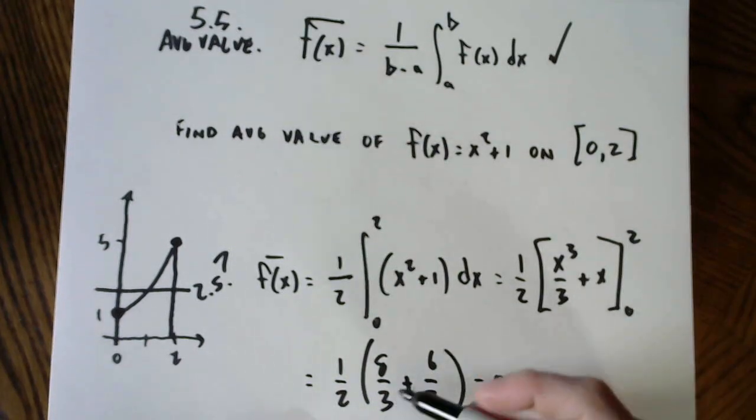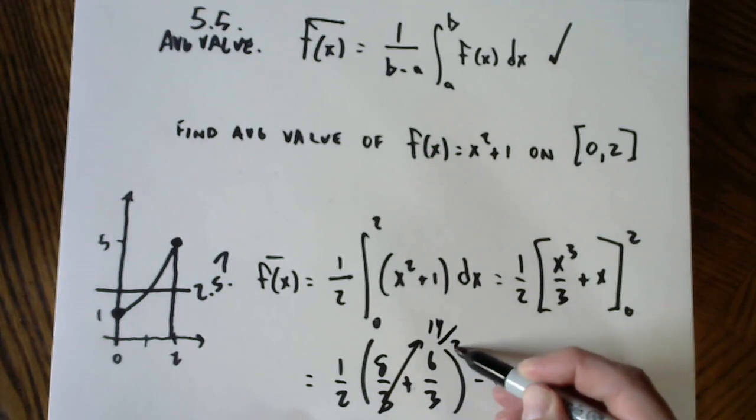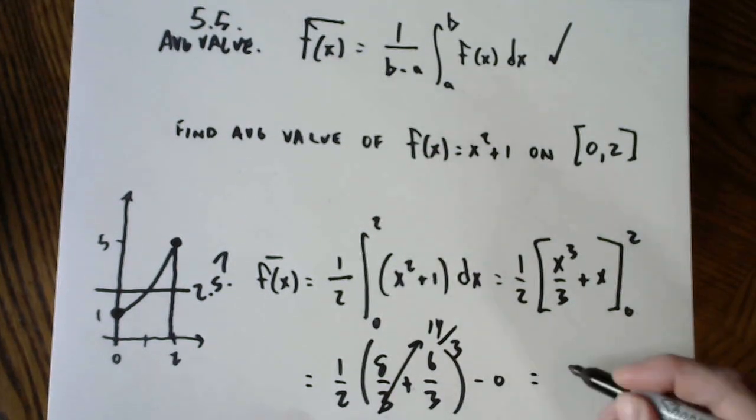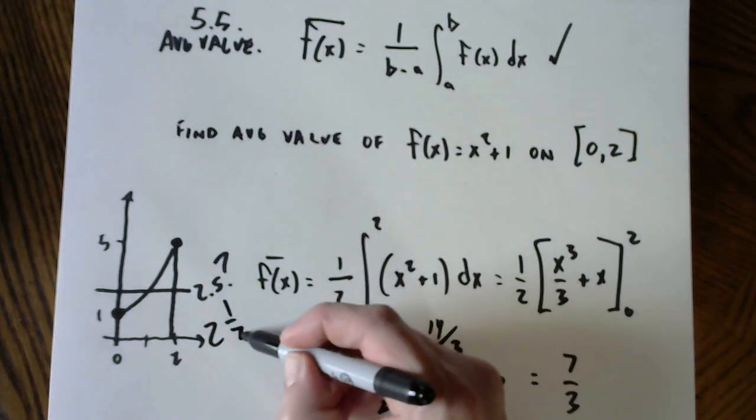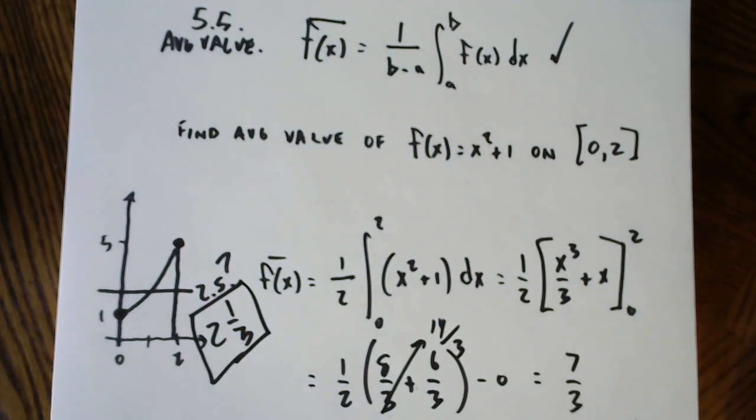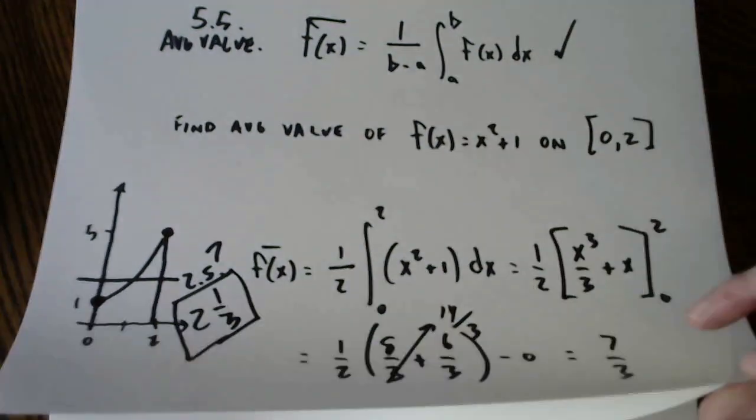So this is what? 14 thirds over 2, 7 thirds. 2 and 1/3. So my estimate is solid. They all run the same, they're all worded the same. Maybe it's a little bit of a boring problem, but as I said, if you see this on a test, this is a home run for you.